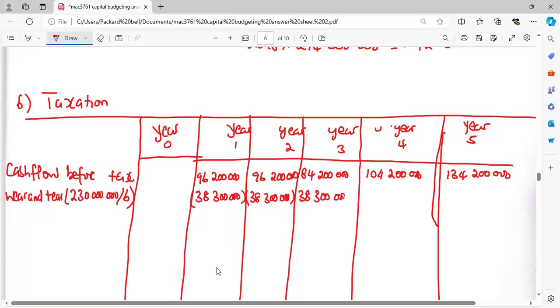38,300,000. But we get the sense of how we get to our taxable income, because here we want to go to taxable income, so we need to deduct the capital allowance.